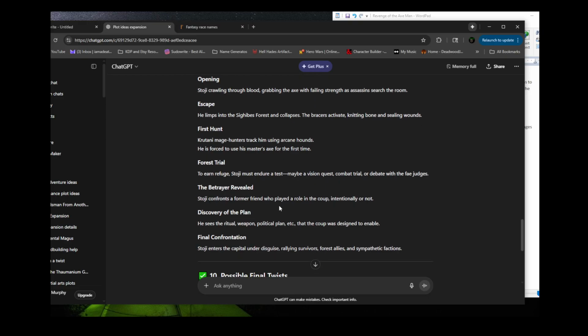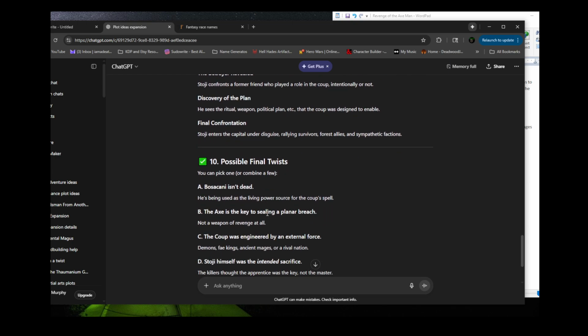Endurance test. Vision. That doesn't really mean anything. Or speak to me. Form a friend. No. Capital under disguise, rallying survivors, forced allies, and sympathetic factions, maybe.